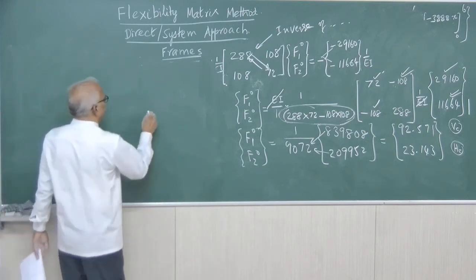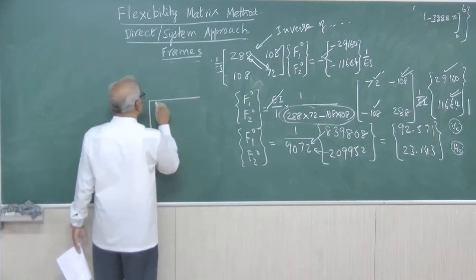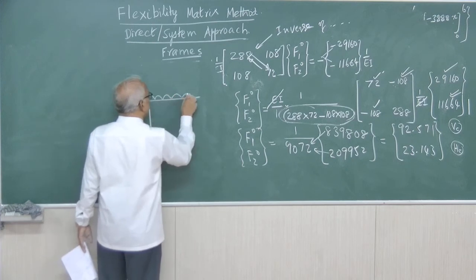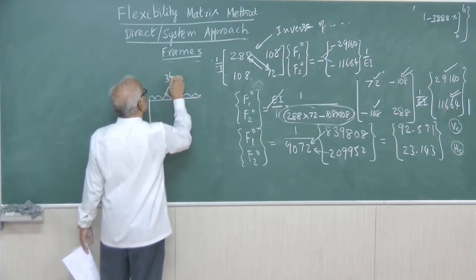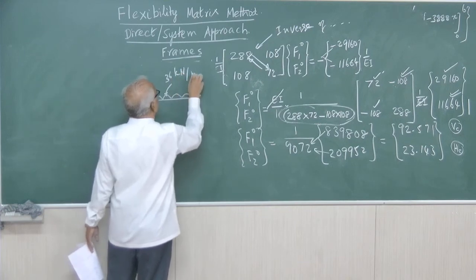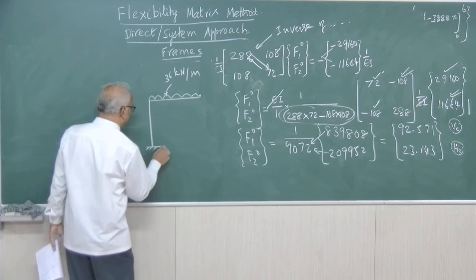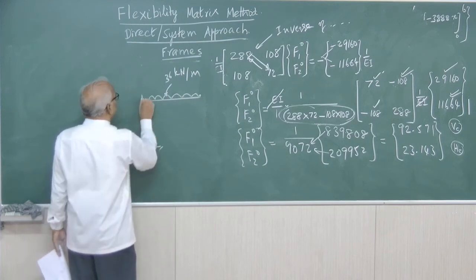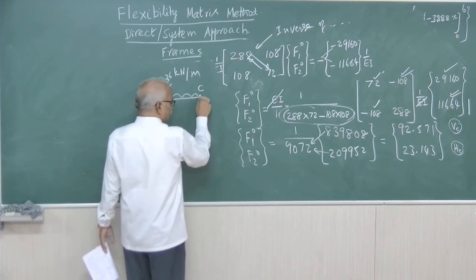Now our frame is this, 6 meters, subjected to UDL of 36 kilonewton per meter. So this is the fixed end A, this is B, this is C. Here we know this is the vertical reaction.